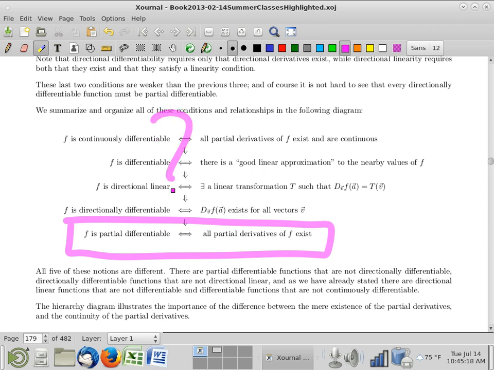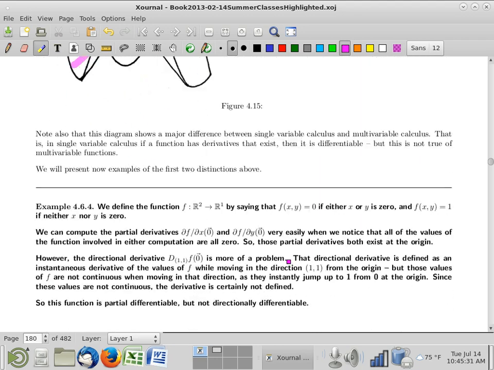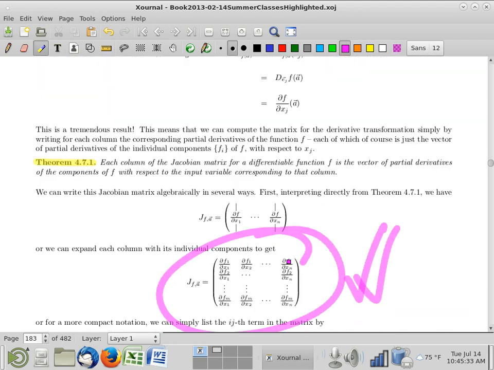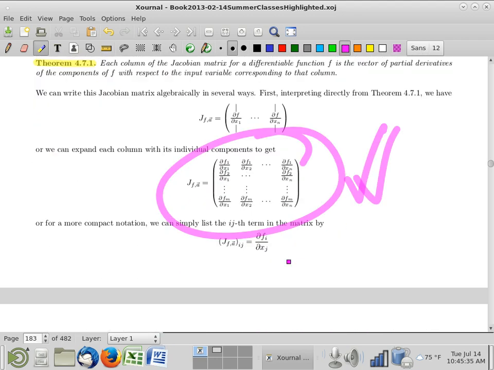You don't get to conclude differentiability or directional linearity or really anything. So the mere fact that those partial derivatives exist and you could then assemble them into this Jacobian matrix basically means nothing.